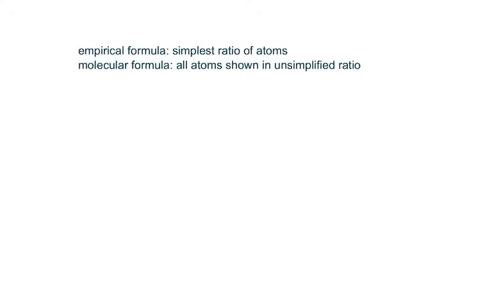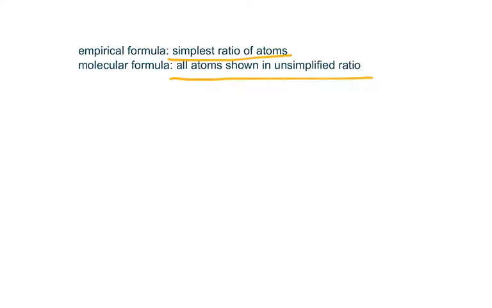So now let's talk about what the difference between an empirical formula and a molecular formula is. An empirical formula is the simplest ratio of atoms written in a chemical formula, while in a molecular formula, all atoms are shown in an unsimplified ratio.